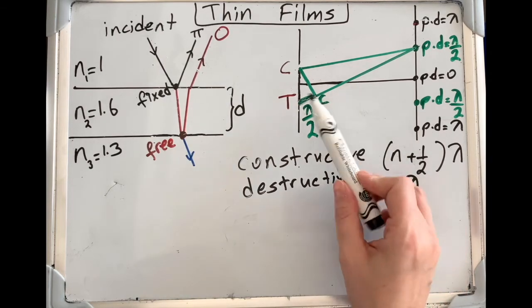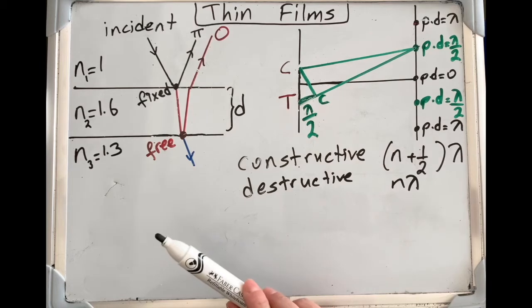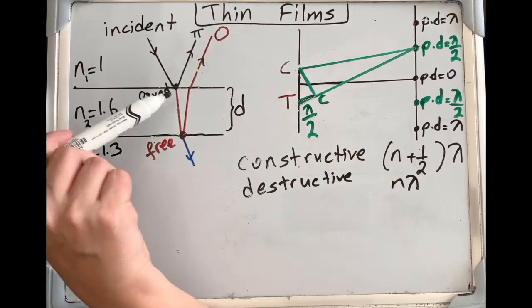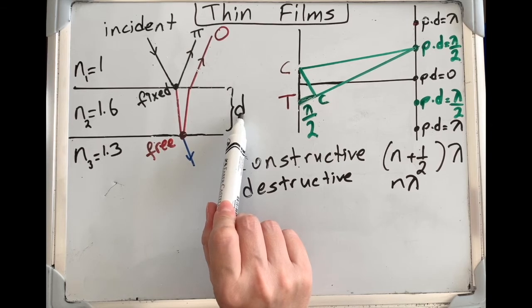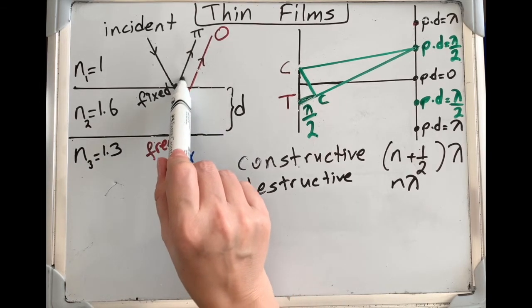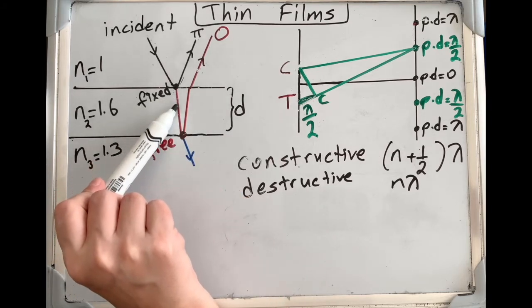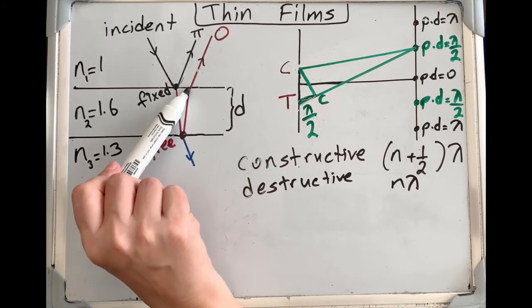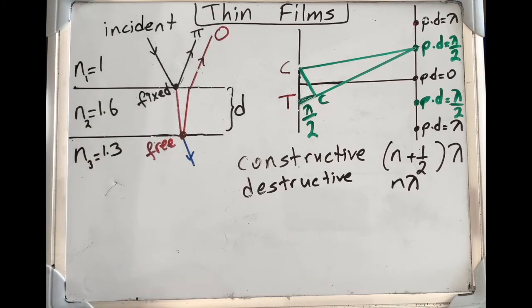Now, in this case, the rays are both traveling through air. The path difference between these two can be written in terms of d. When this ray reflects, the red one continues moving in, reflects back off, so it travels a distance of 2d.